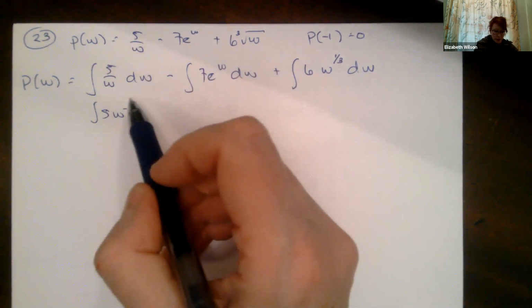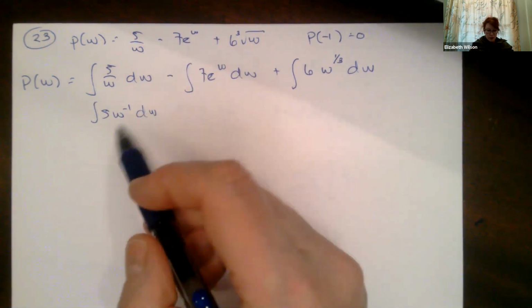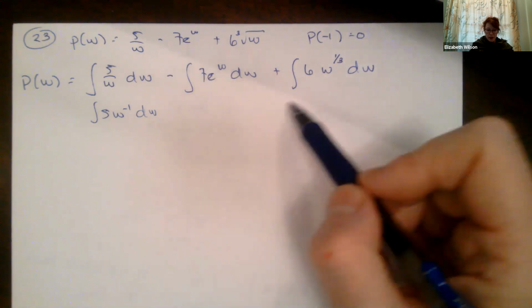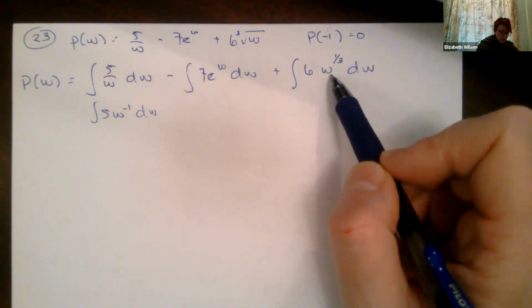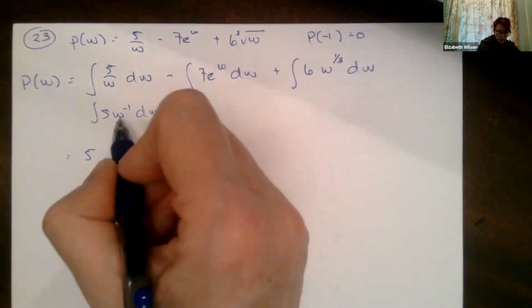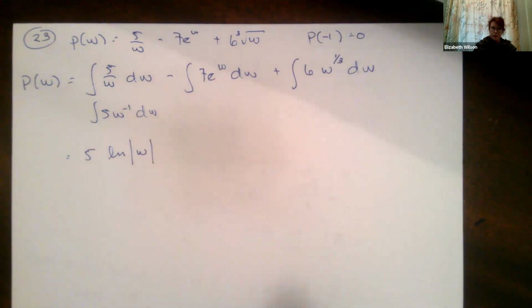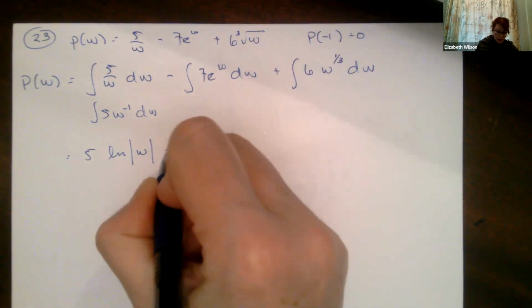So I need to think about how I'm going to handle that. Remember, I can't do the power rule on this one. This is my exponential function, and this is my power rule. Okay, so when I go to integrate this, I've got the 5, that's just my coefficient. W to the minus 1 gives us a natural log. Remember, we do the absolute value, right? Minus 7.